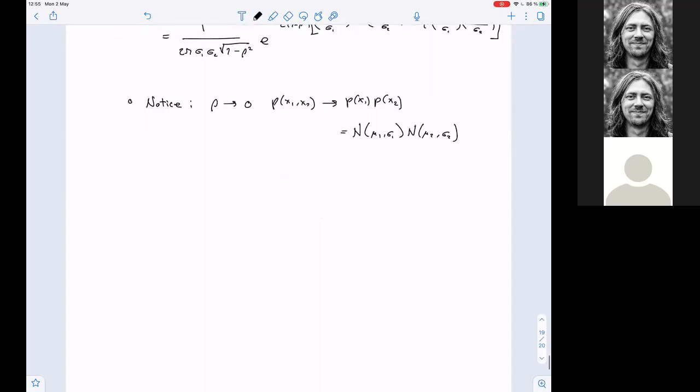And remember that the correlation coefficient has to be within minus 1 and 1.